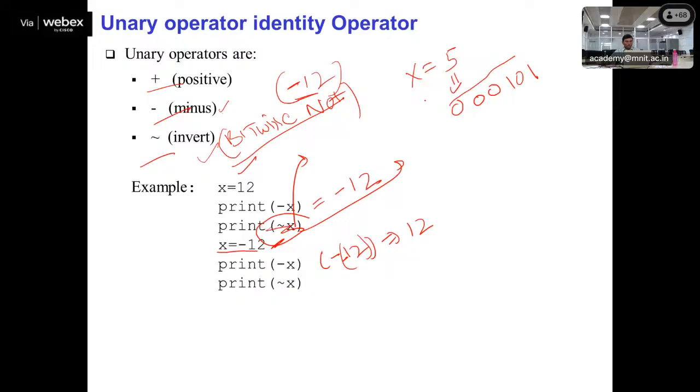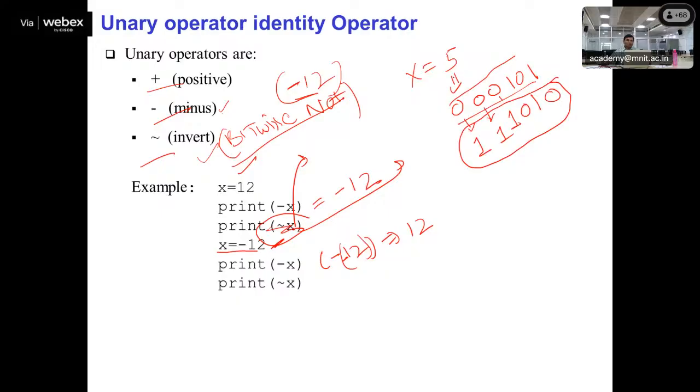So how will it take place? First it will be converted to bits, then the bitwise NOT operation takes place, inversions take place, where 1 becomes 0, 0 becomes 1, 1 becomes 0, and 0 becomes 1. So now we are getting 1 1 1 0 1 0.